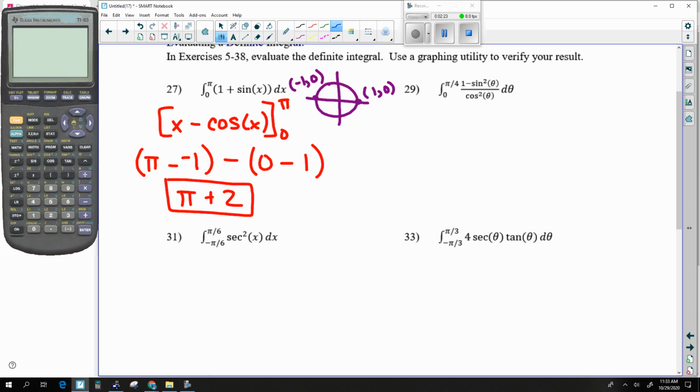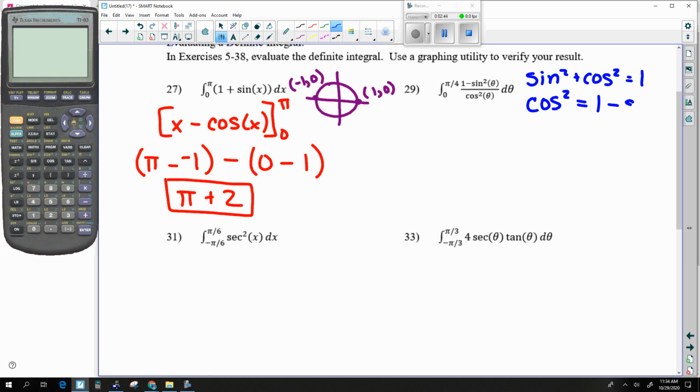Okay, this one looks scary, but the few trig identities that you need to know. You need to know that sine squared plus cosine squared is equal to 1, and then you also need to know the manipulations of this. So one of the manipulations would be what happens if I subtract sine squared.